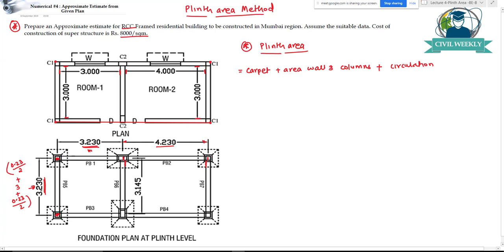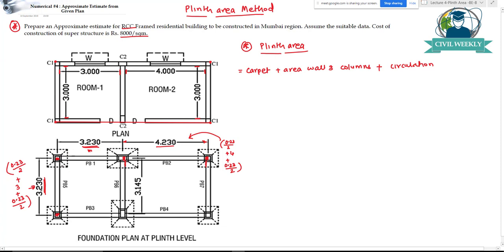From this center to this edge the distance is 0.23 by 2, plus the internal wall length of 4 meters, and again from this edge of the wall to the center, 0.23 by 2. If I add all these, I get 4.23.